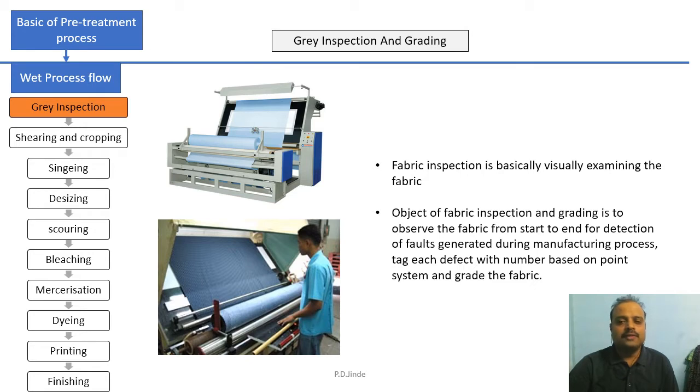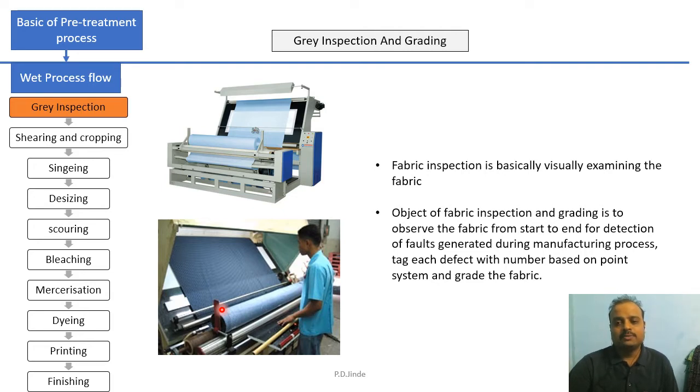The objective of fabric inspection and a grading system is to observe the fabric from start to end for the detection of faults generated during the manufacturing process, tag each defect with a number based on a point system, and grade the fabric. The meaning of this is: visually examine the fabric from start to end and observe the defects.